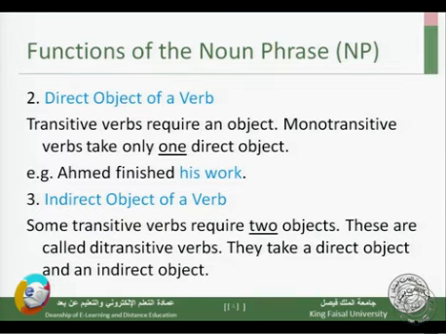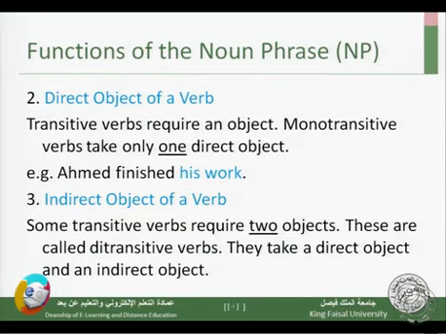The second function of the noun phrase is the direct object of a verb. If you remember, we said that there are two kinds of verbs, transitive and intransitive. Transitive verbs require objects, and these verbs can even be subdivided into monotransitive and ditransitive, as we explained in detail previously. Monotransitive verbs take only one direct object. So if we have a monotransitive verb, we will have an object with it.